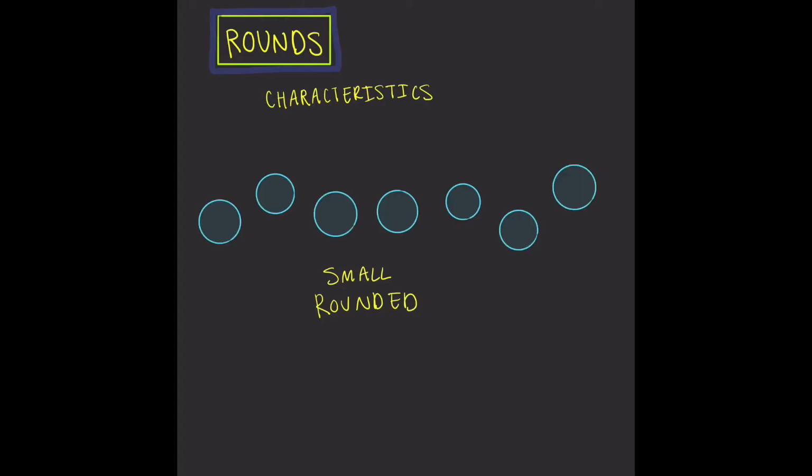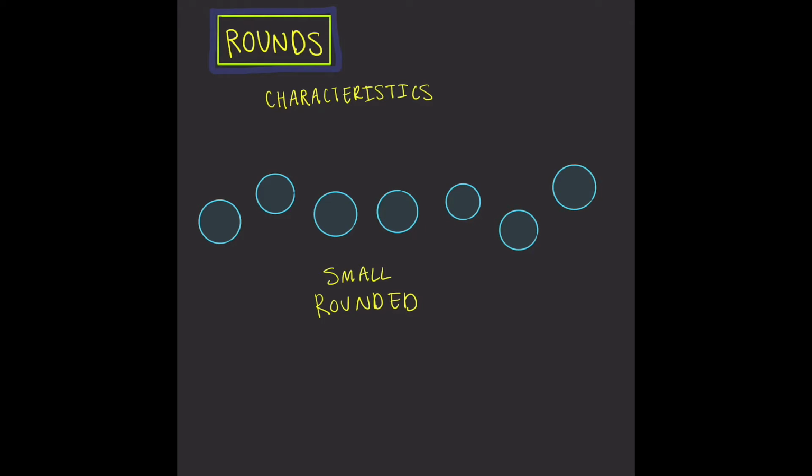Like facets, rounds have some specific characteristics. They are relatively small grains, and as their name might suggest, they are rounded in shape. So for this video, we're going to represent them with these small circles.